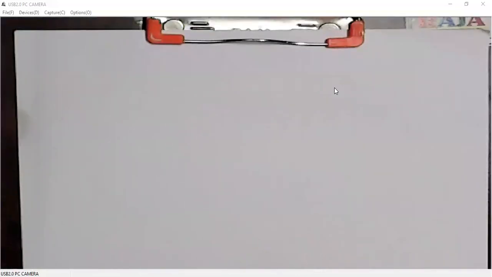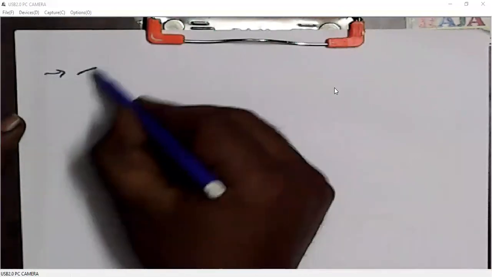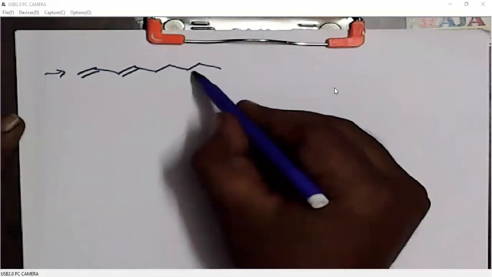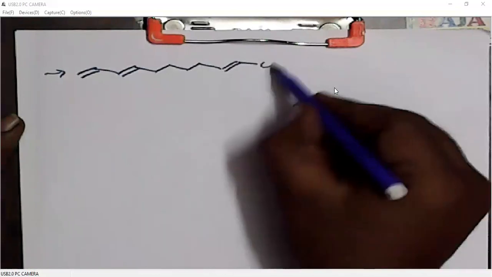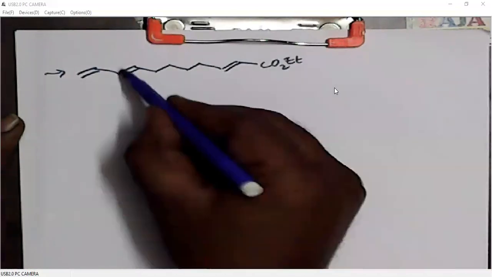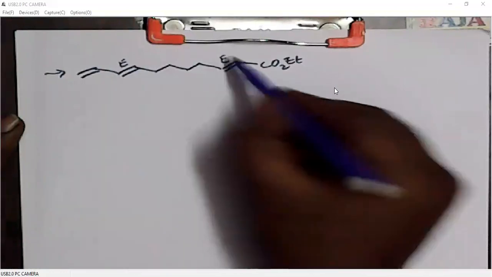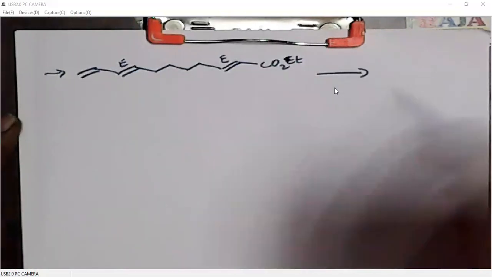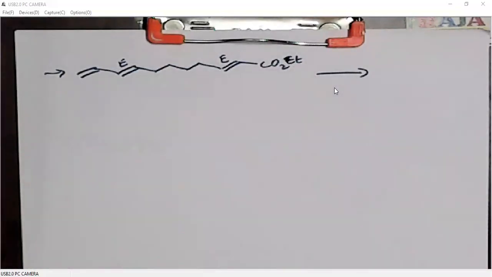Now we will see the product formation purely based on endo selectivity. For example, this is the same example which we discussed a little before, but there I gave you the products based on both endo selectivity as well as exo selectivity.